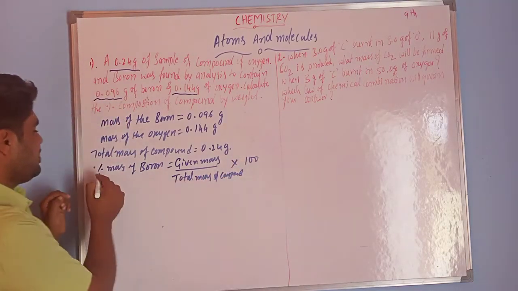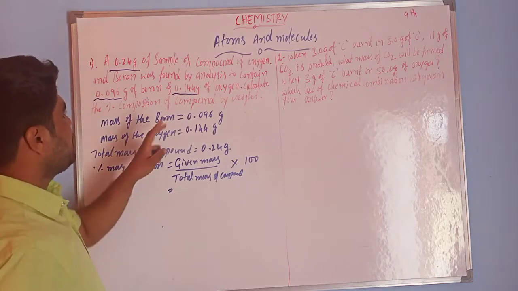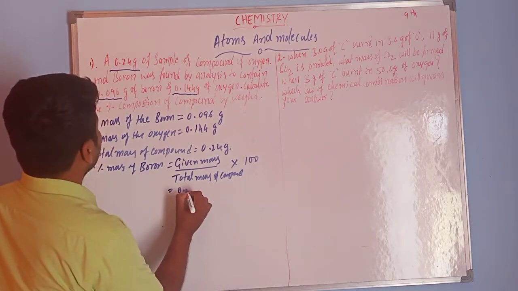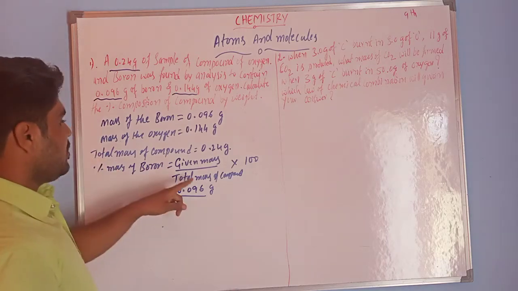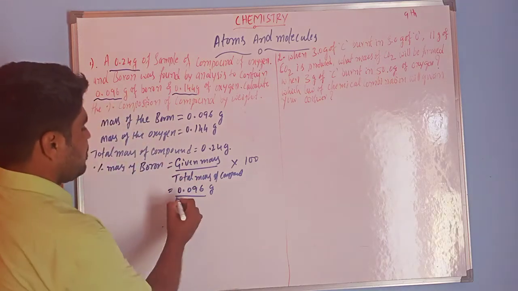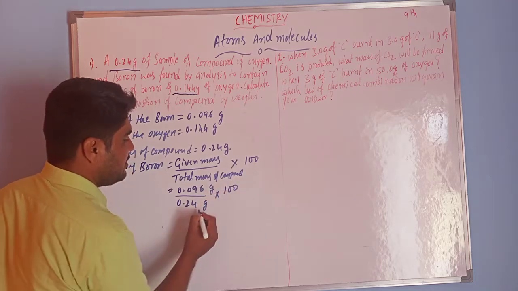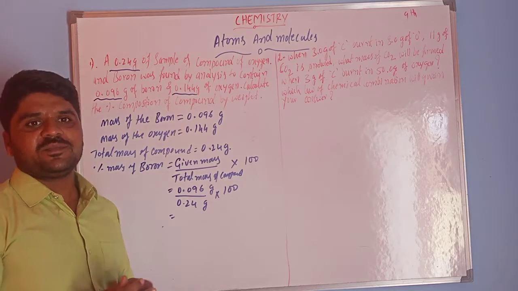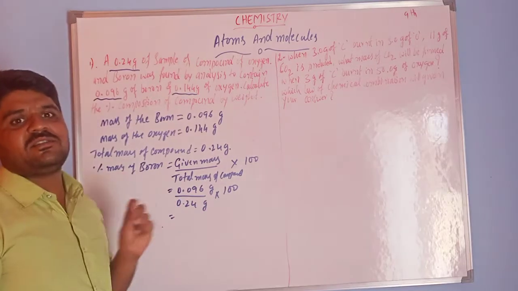Why this 100? Because of percentage. So the given mass of boron is 0.096 grams, and total mass of compound is 0.24 grams, into 100. Please remember this 100 for a percentage.